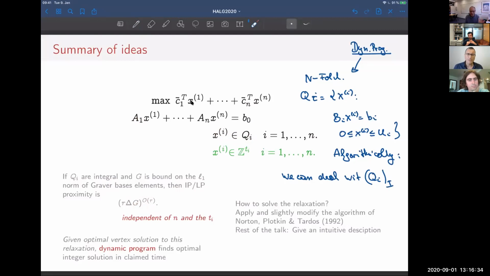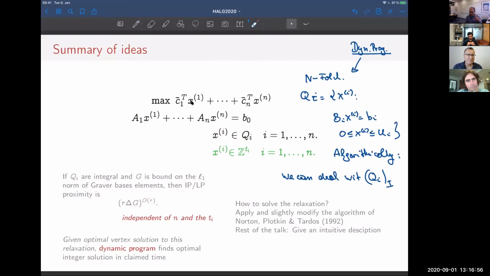And in addition, if you go to a vertex solution, most of the xi's are integer. So if you are given such an optimal vertex solution to this relaxation, dynamic programming will find an optimal integer solution in the claimed time quite easily.